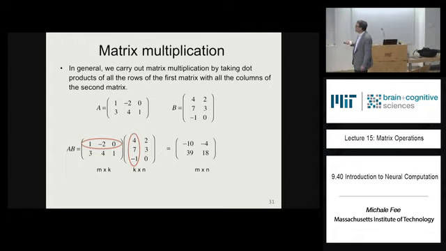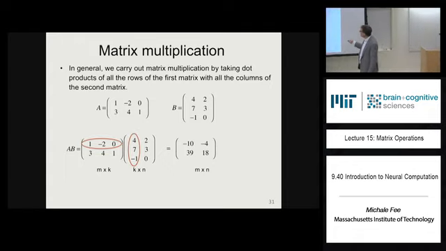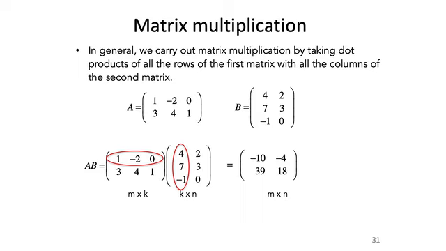So again, in order to compute this element right here, we take the dot product of the first row of A and the first column of B. That's just 1 times 4 is 4, plus negative 2 times 7 is minus 14, plus 0 times minus 1 is 0. Add those up, and you get minus 10. So to get this number, you take the dot product of this row with this column, and so on.